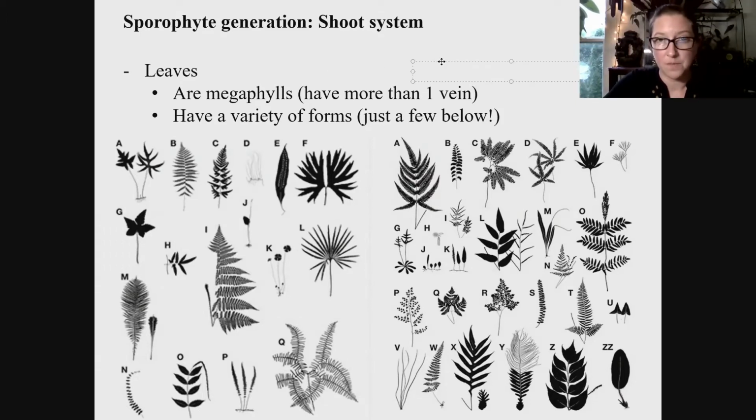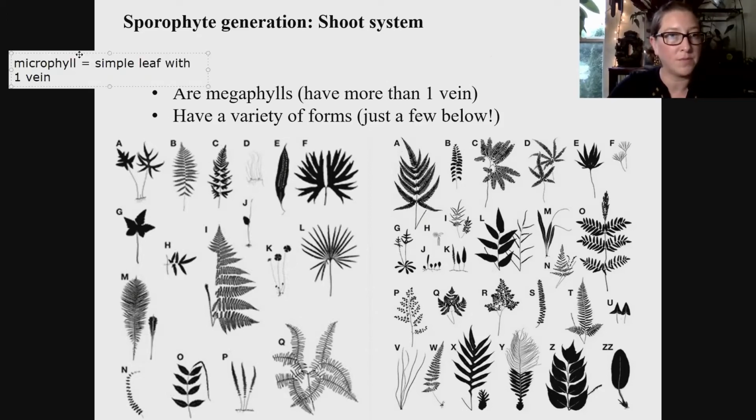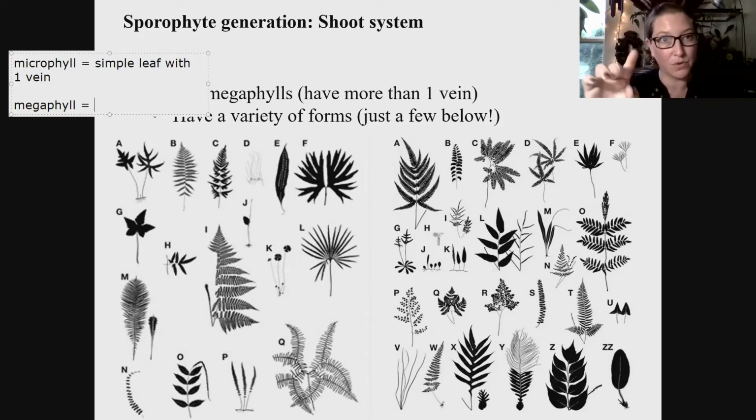We saw before microphyll, which is a simple leaf with one vein. Megaphyll is not necessarily simple. It could be compound too. So we'll just say a leaf with more than one vein.